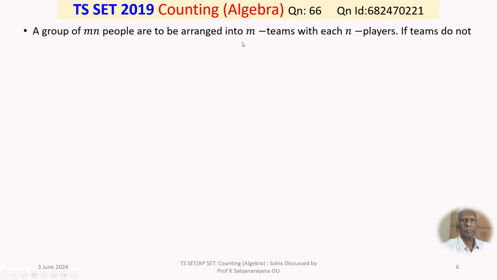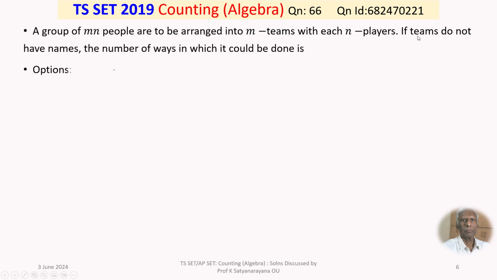So the total number of people will be mn. If teams do not have names, that means we do not recognize what team it is. So first team, second team, third team, mth team, like that you would have, but even the first is not known. So they are not numbered and they don't have names at all.